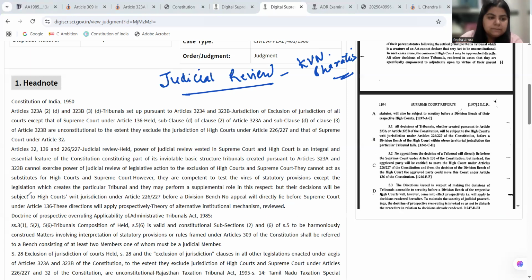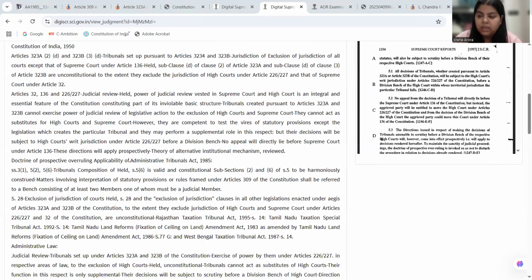Now, in this case, what the court held is there in the head note. The court held that Article 323A, Clause 2, Subclause D, and Article 323B, Clause 3, Subclause D, these clauses are unconstitutional to the extent that they bar the writ jurisdiction or the judicial review jurisdiction under Article 226 or Article 32 of the Indian Constitution.